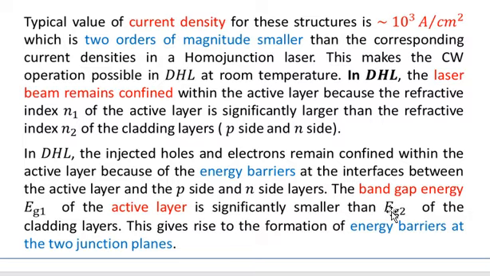This Eg2 is for the P-type and the N-type material, whereas for the active material the energy gap is Eg1. This gives rise to the formation of energy barriers at the two junction planes, that is between the active medium and the P-type, and the active medium and the N-type material.